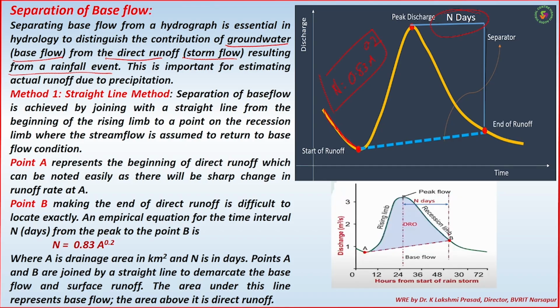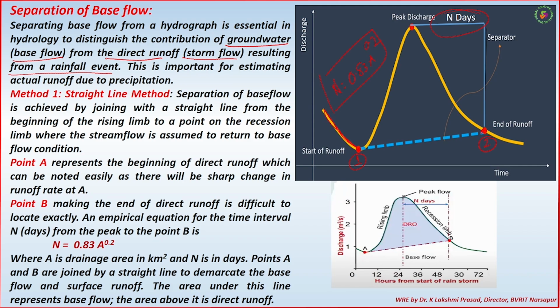Note that N value. Once N is noted, after drawing the hydrograph, from the peak you represent those N days, and the point where it touches the hydrograph is the second point, with the first point being the start. Now join these two points by a straight line.